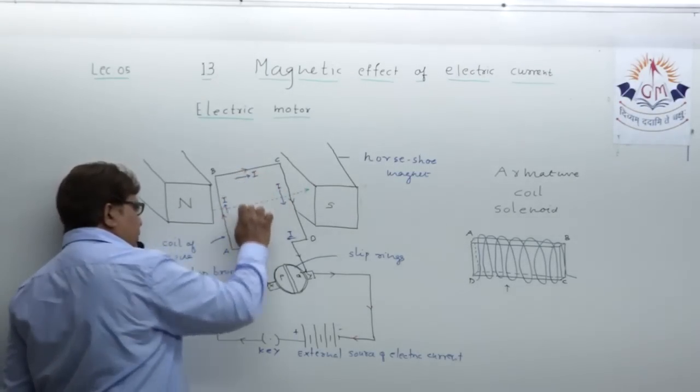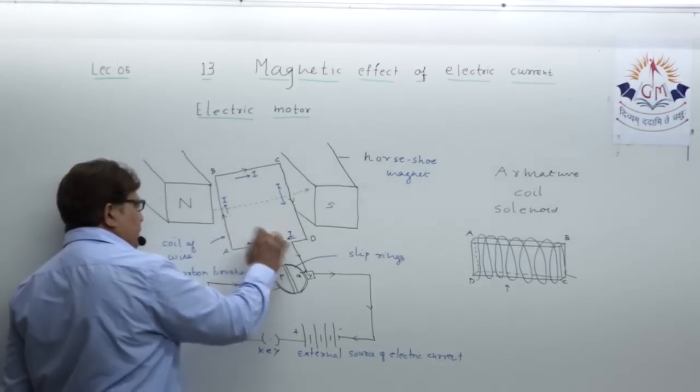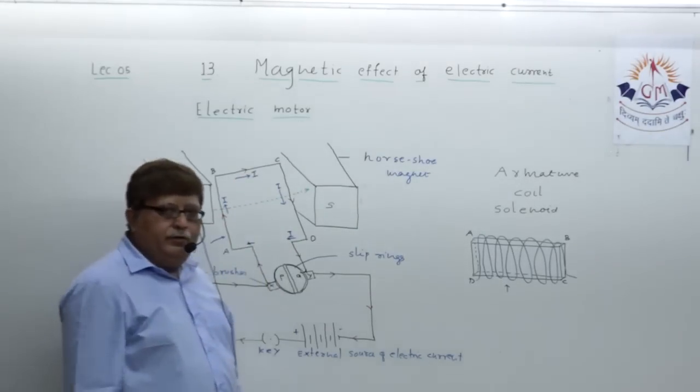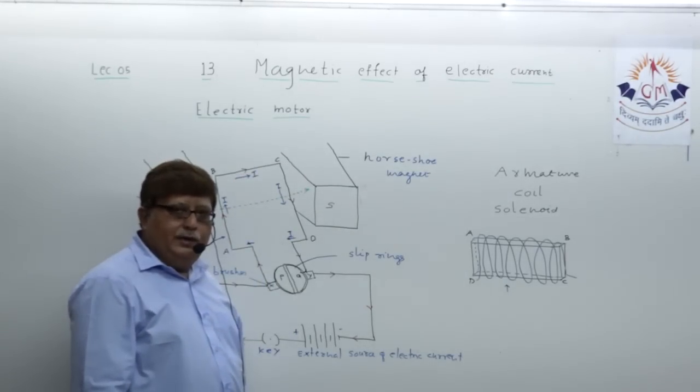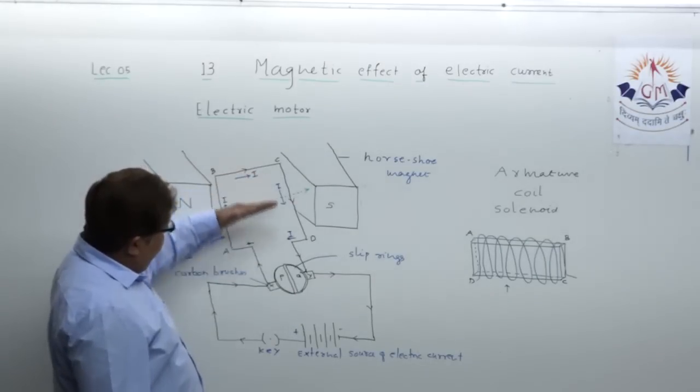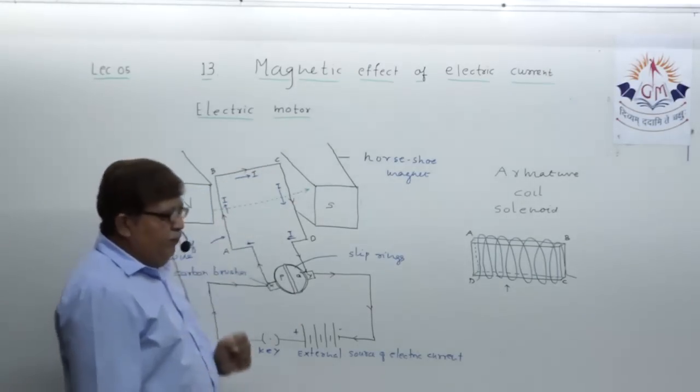But on these two edges here, the direction of electric current is parallel to magnetic field.